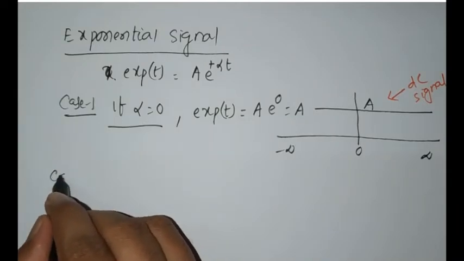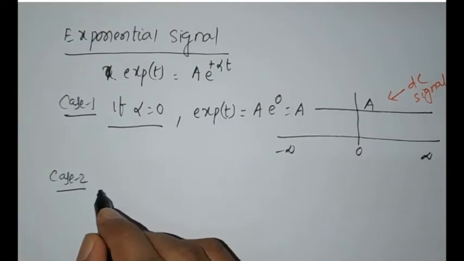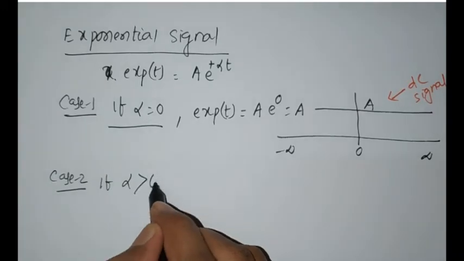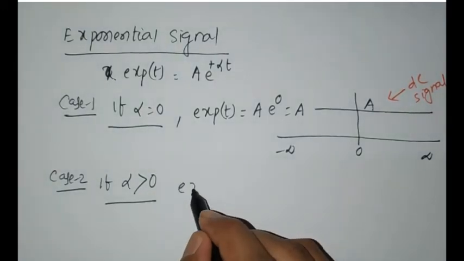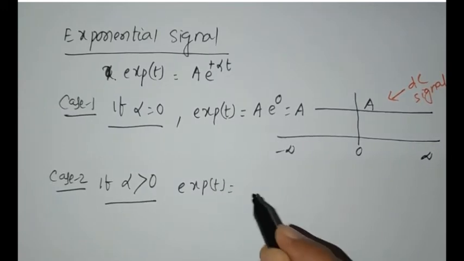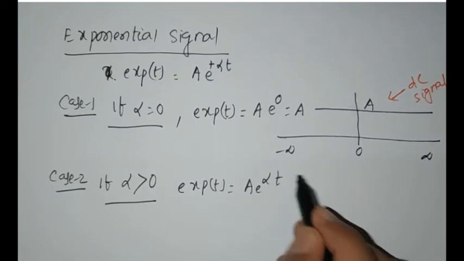Now we can go for case 2. If alpha is greater than 0, then exp t is a e to the power alpha t.